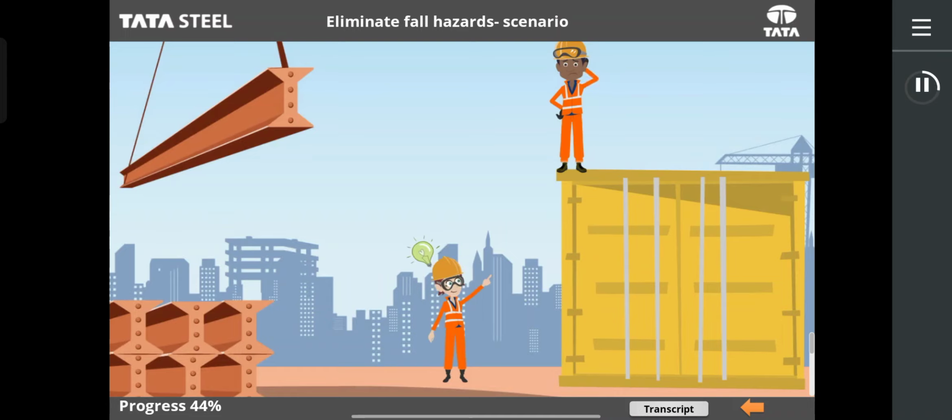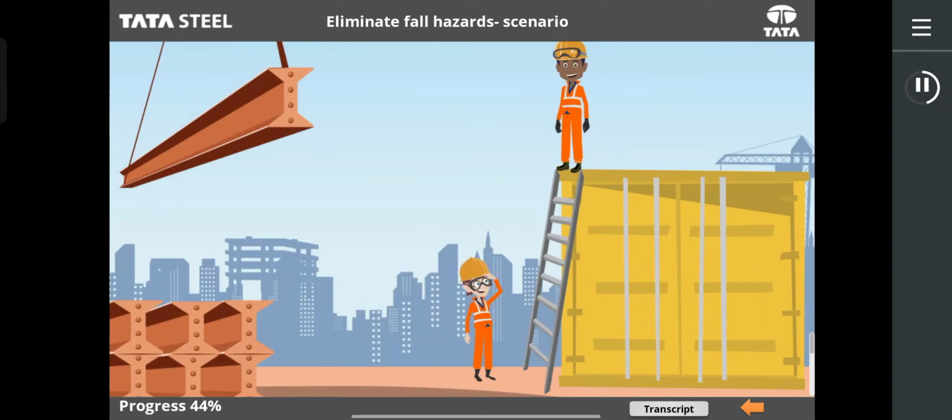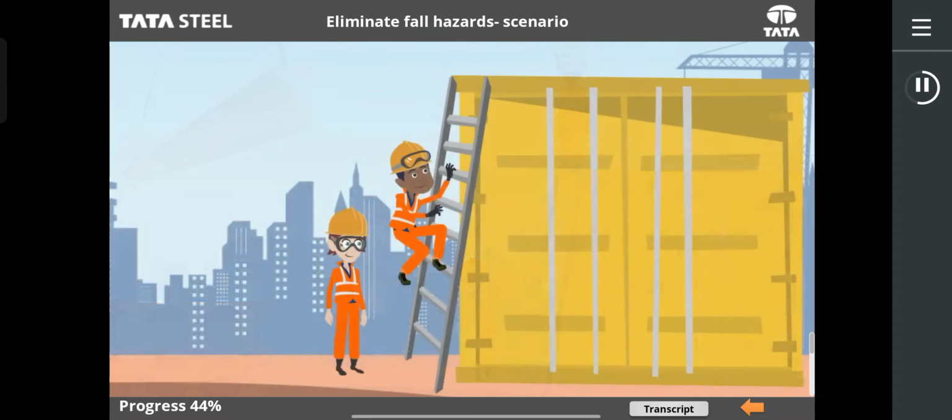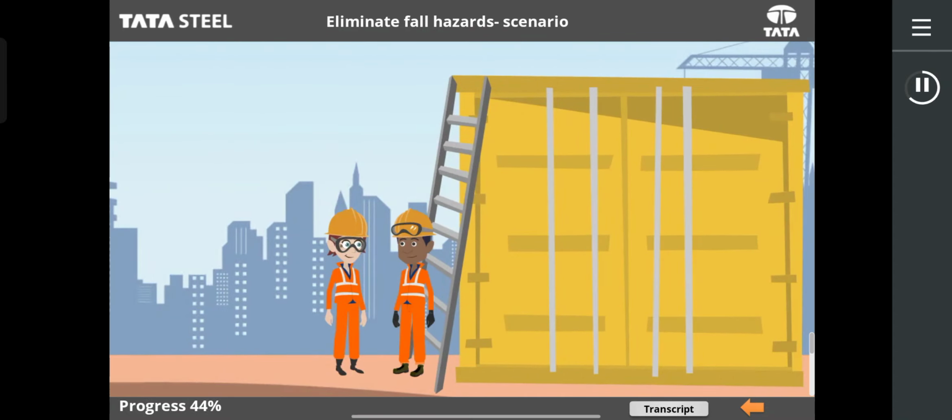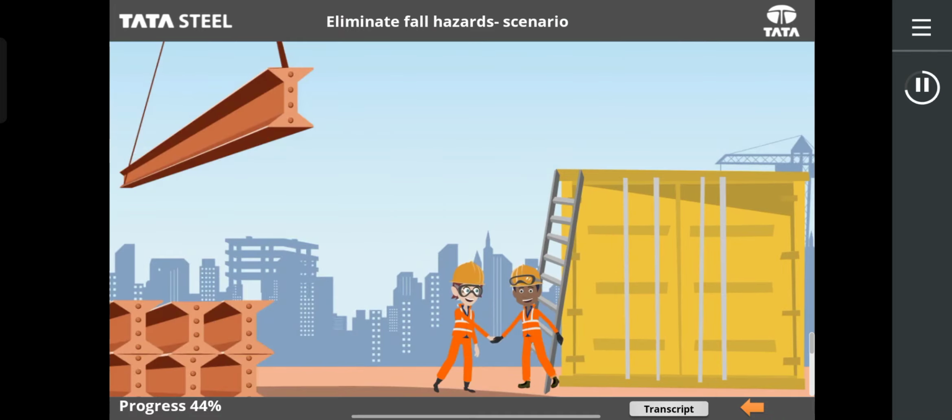It would have required many fall prevention and control measures. Instead, we assessed the situation and came up with an alternate solution. The project was designed so that structural steel can be assembled at grade and then raised as a module, thus eliminating a significant amount of work at heights.